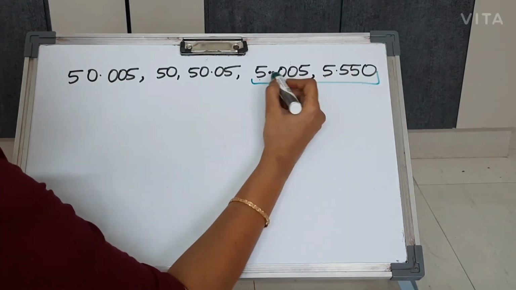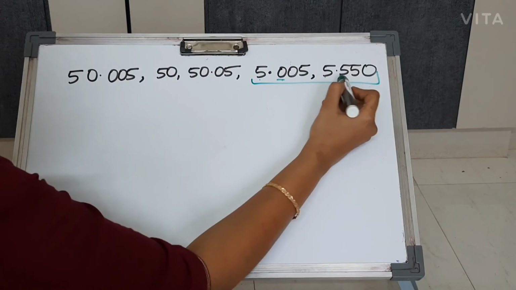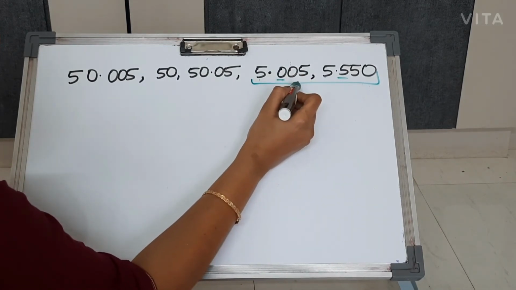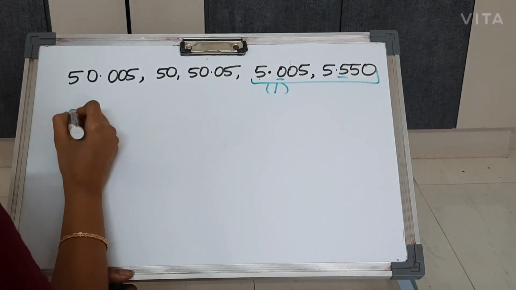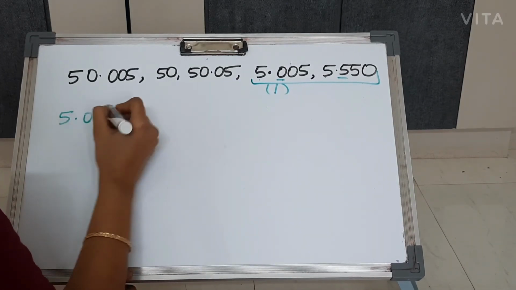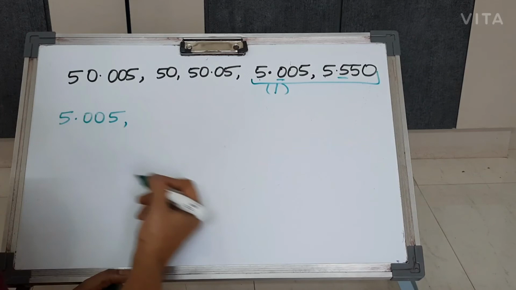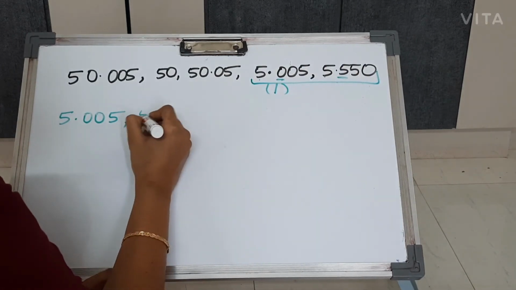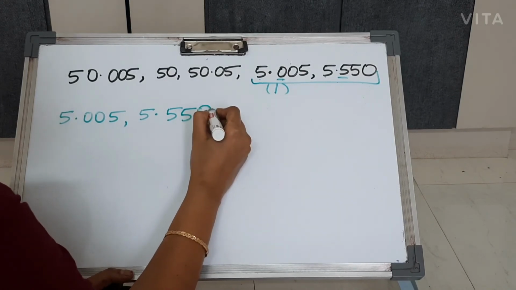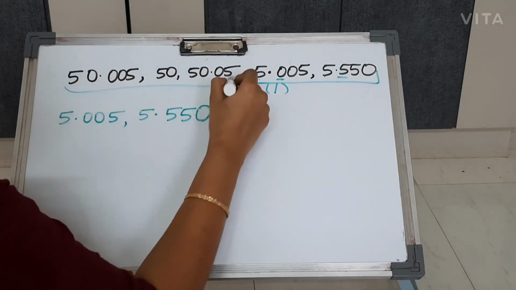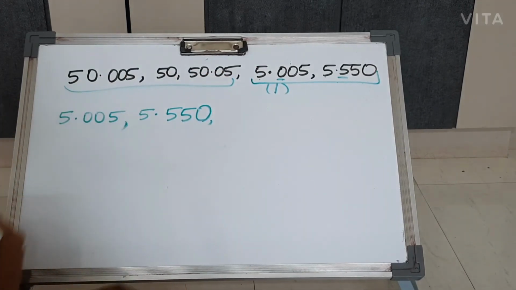Now after the decimal we will check. After the decimal this is 0 and this is 5. So which is the smallest number? This one. So this will come first, 5.005. Then comes 5.550.